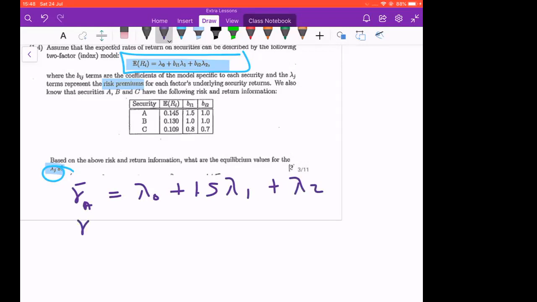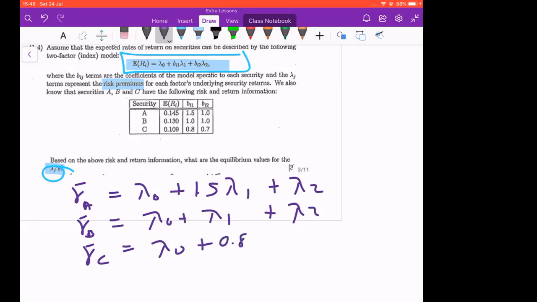The same thing can be said about B: we have lambda 0, lambda 1 plus lambda 2. For the return of C, you have lambda 0, and the beta is going to be 0.8 lambda 1 plus 0.7 lambda 2.